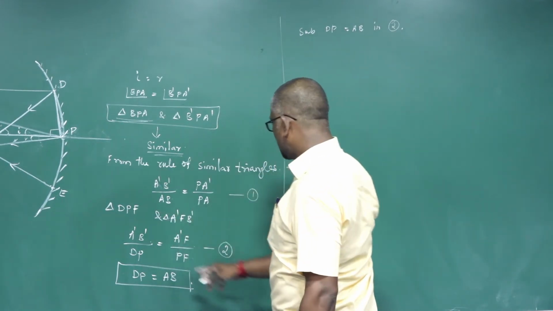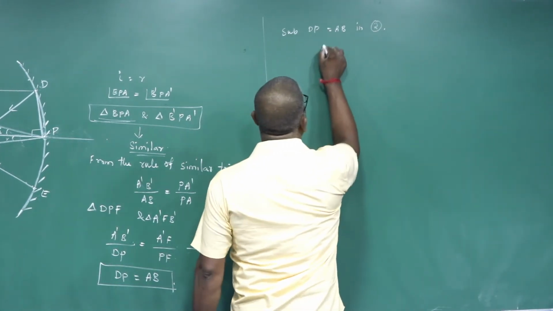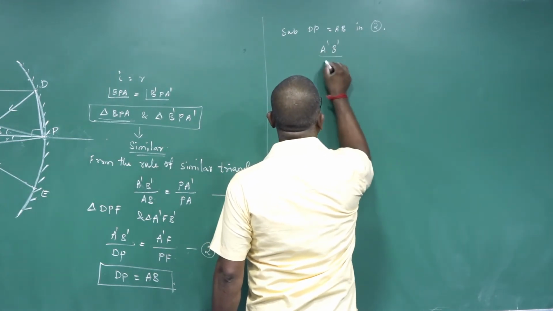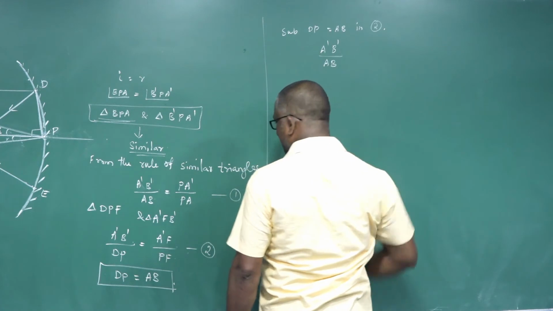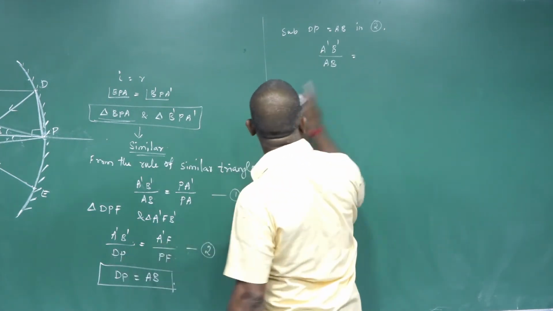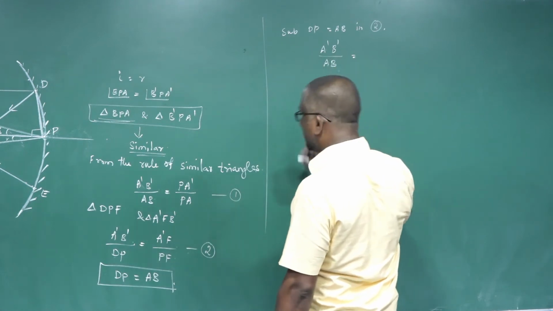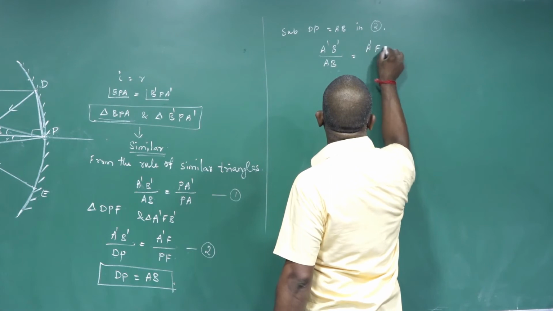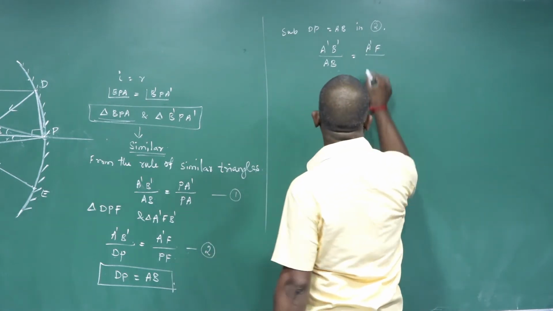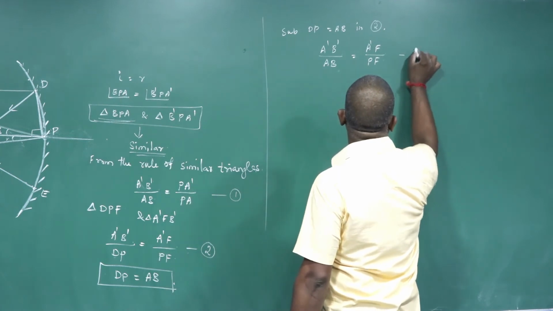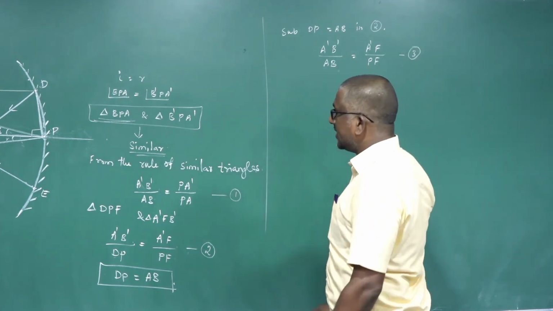Then equation number 2 becomes A dash B dash divided by AB is equal to A dash F divided by PF. So this is equation number 3.